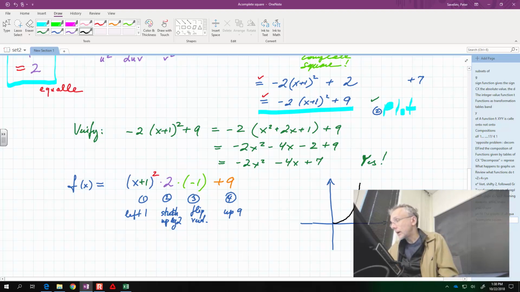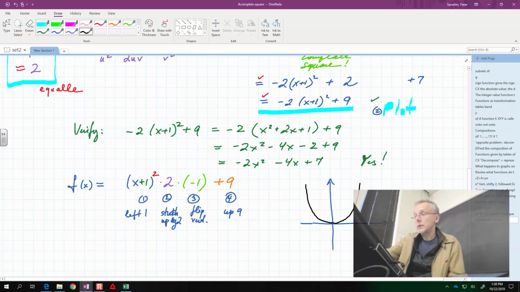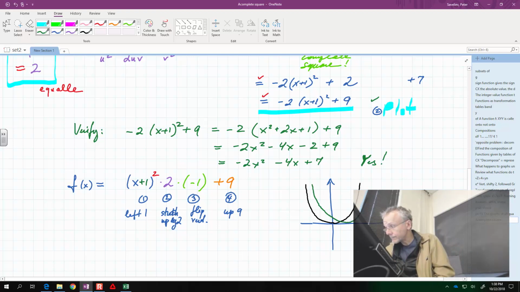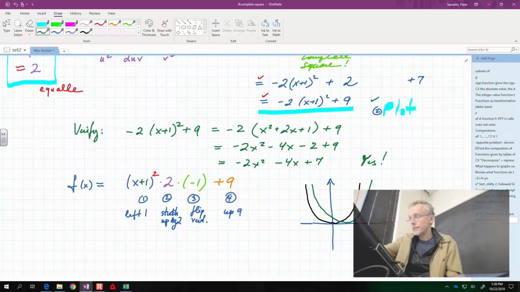So that's my regular parabola. And then the green one, I shifted 1 unit right. Then I stretch it. It has the same vertex, so it's still on the x-axis.